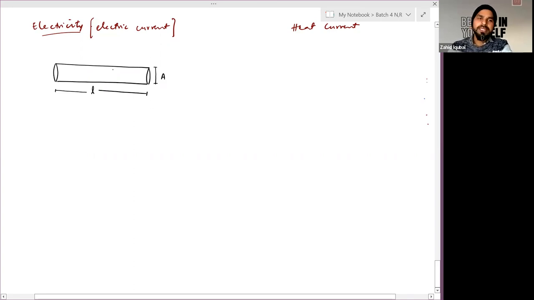But net flow across any cross-sectional area must be zero. So there will be no flow of electrons or current through any cross-sectional area. Hence, we don't have any electric current.